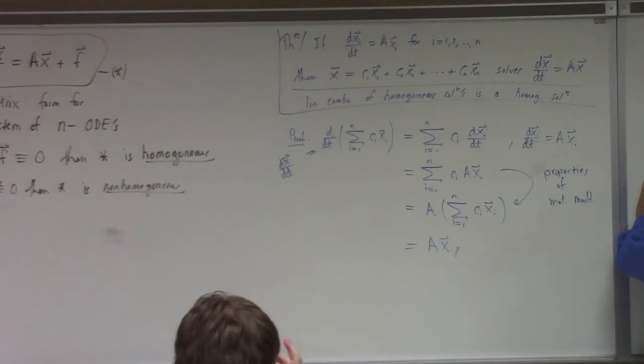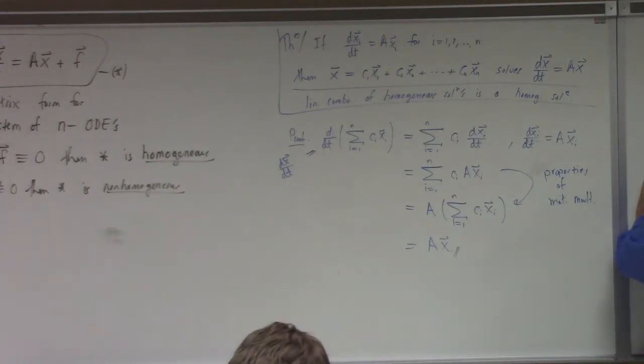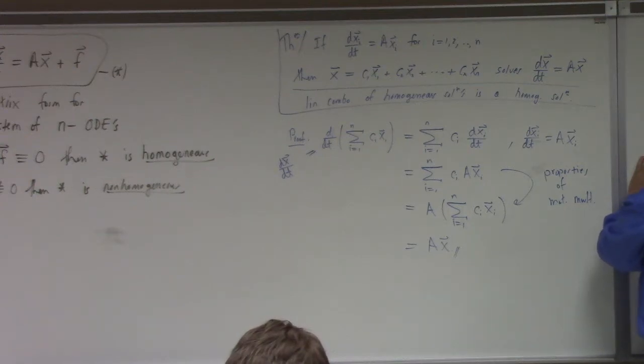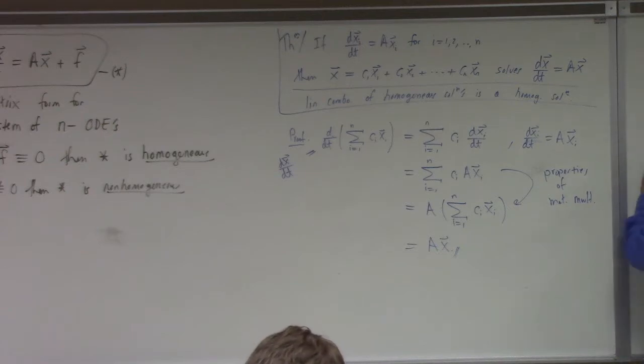Theorem: dx/dt equals Ax plus f has general solution x equals c1 x1 plus c2 x2 plus ... cn xn plus a particular solution xp, where x1, x2, ..., xn is a fundamental solution set.